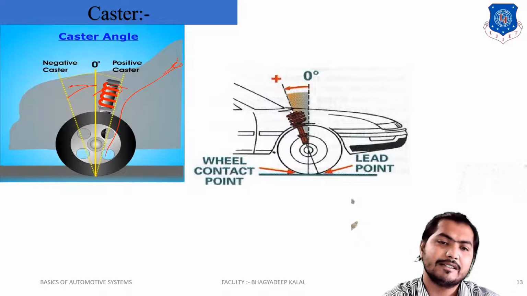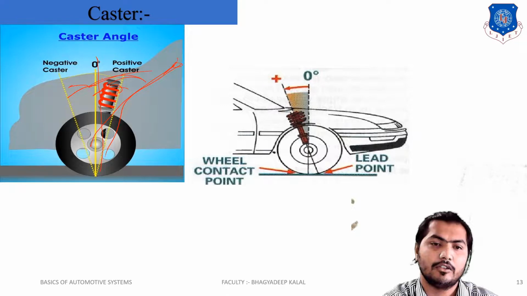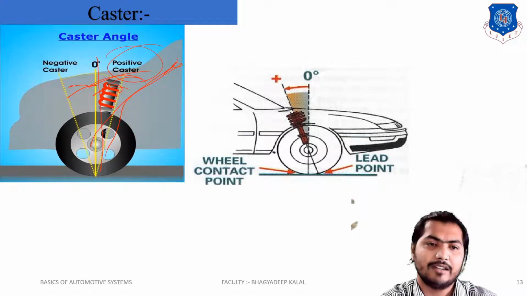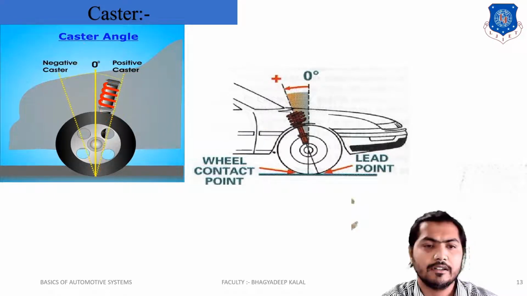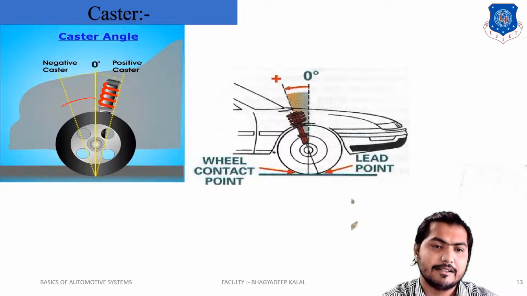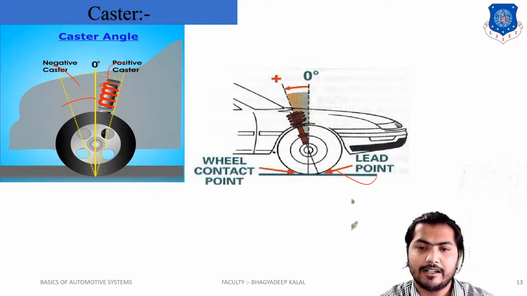This is the steering axis and this is the vertical axis. The angle made like this is the positive caster, and the angle made like this is the negative caster. In this diagram we can see it easily.